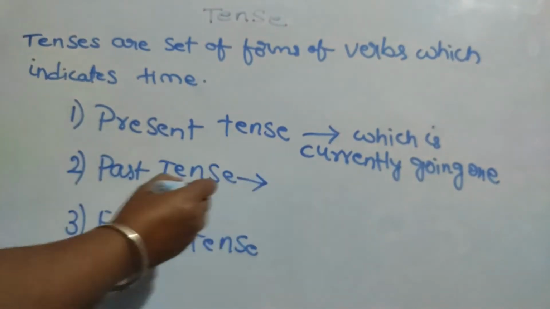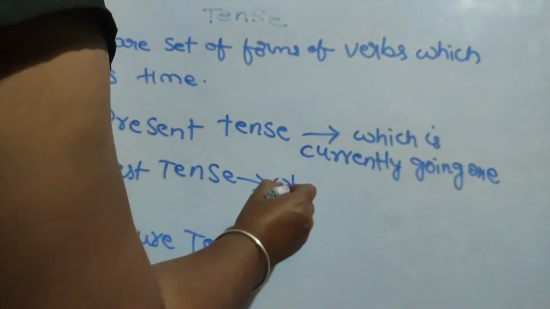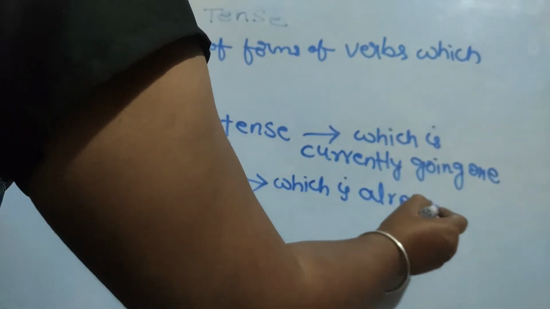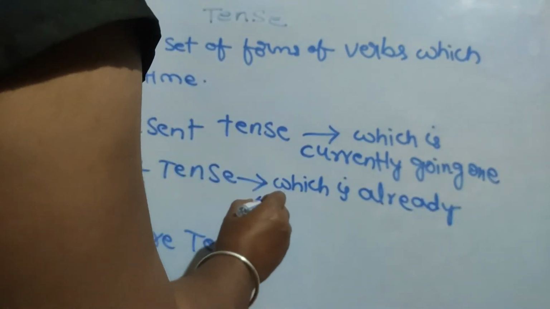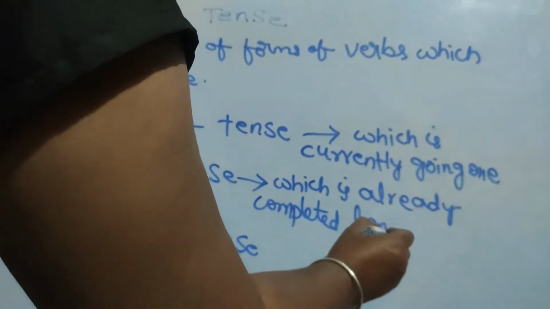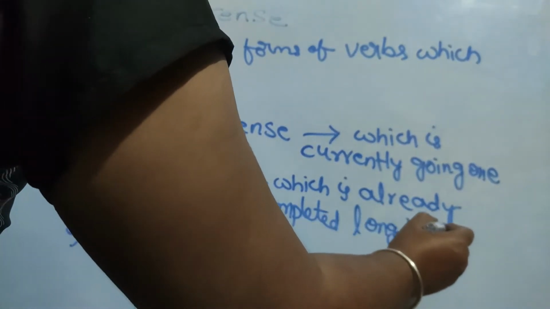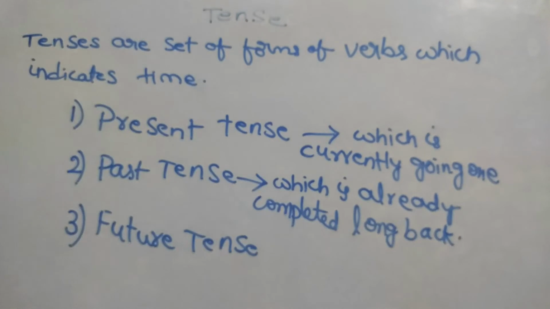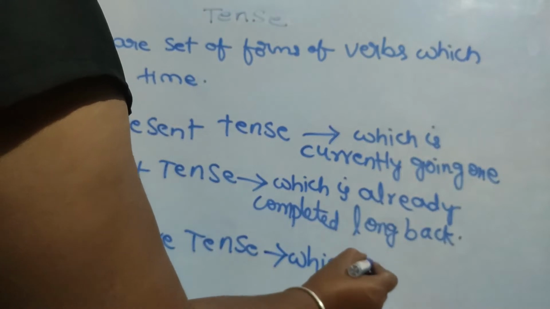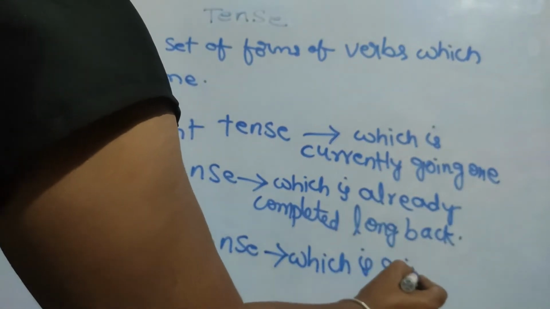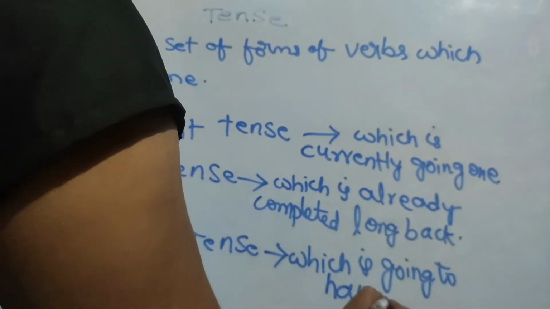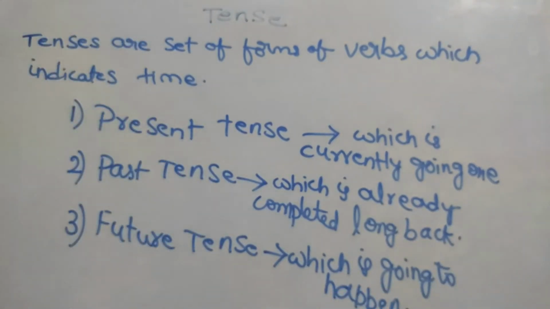Then past tense, which is already completed long back, that is past tense. Future tense, which is going to happen, is called future tense.